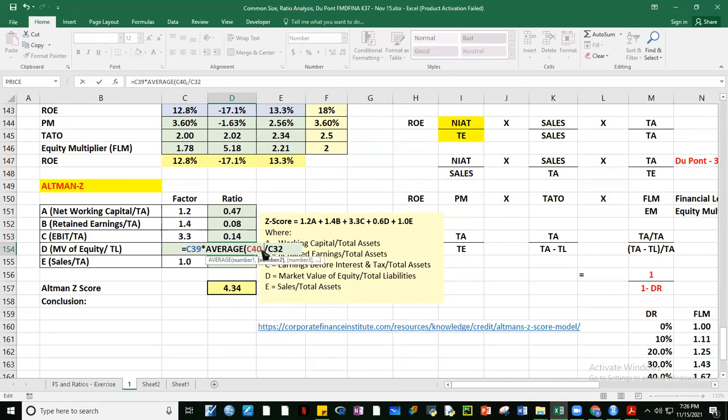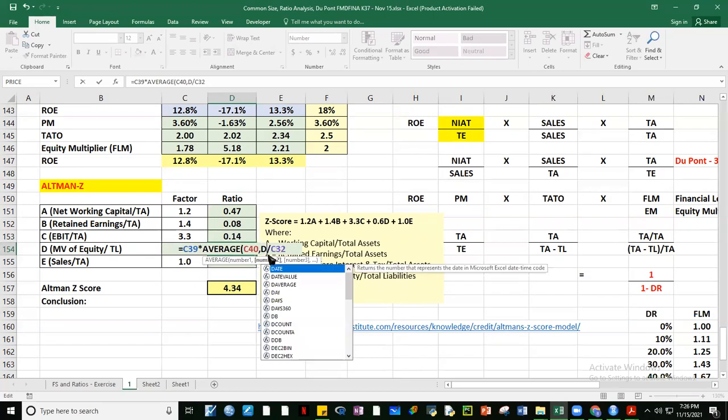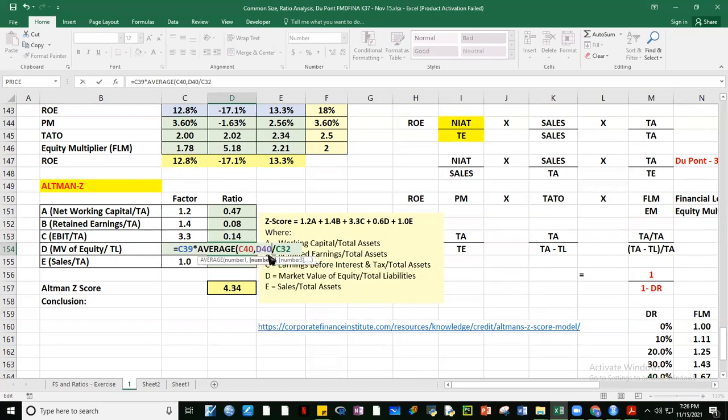Okay, let's correct this. Okay, D40. Gawin natin para mas consistent tayo, no? Okay? So this is the stock price times the number of shares average divided by our total liabilities. C32. Enter. Okay?